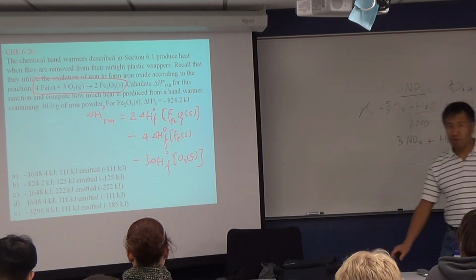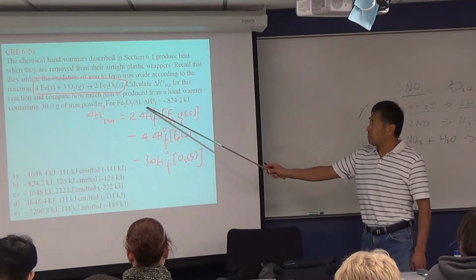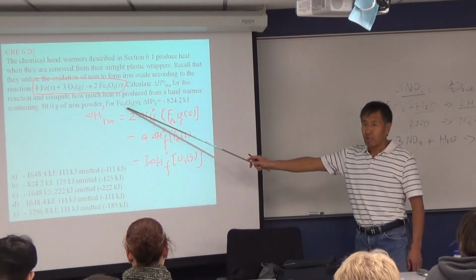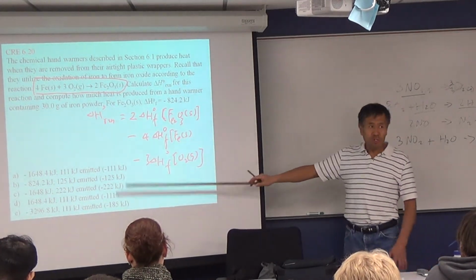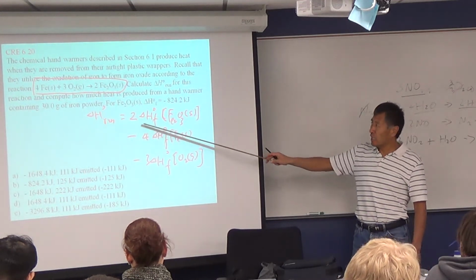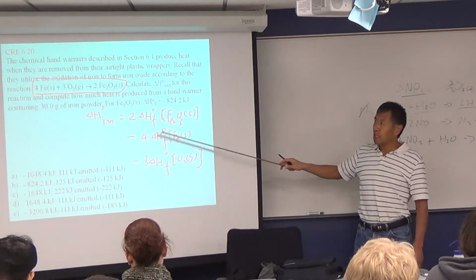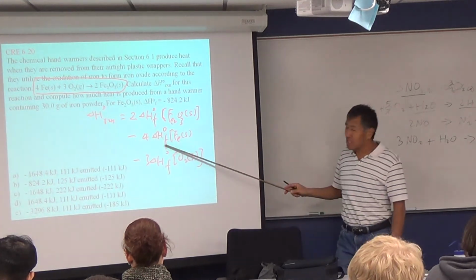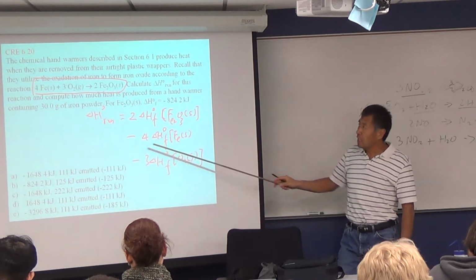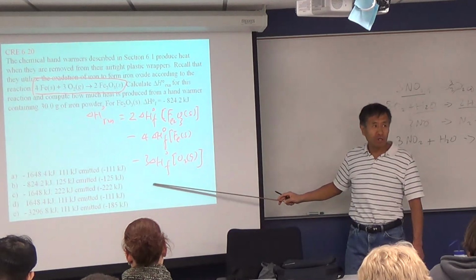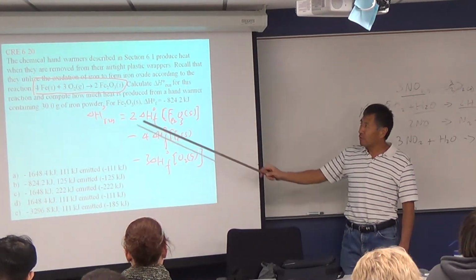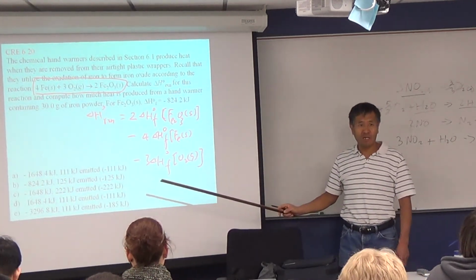But here I only give you one number, for this guy, right? So according to the equation, everything together you should have twice of that, and 4 times that, and 3 times O2. But I don't have the number for Fe solid and O2.